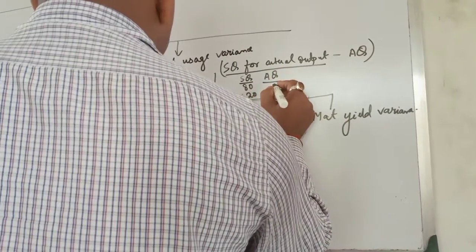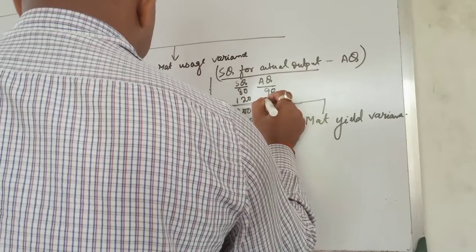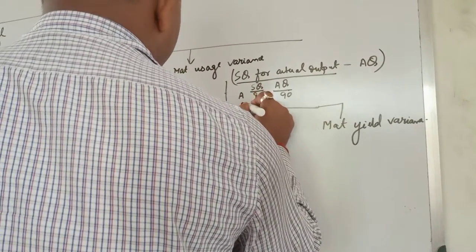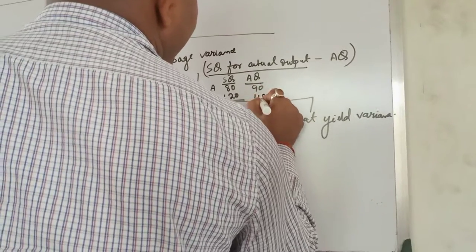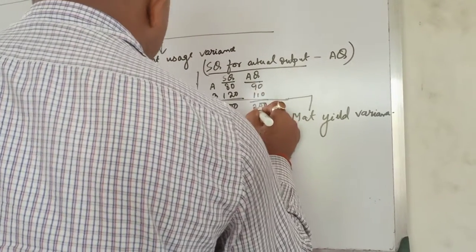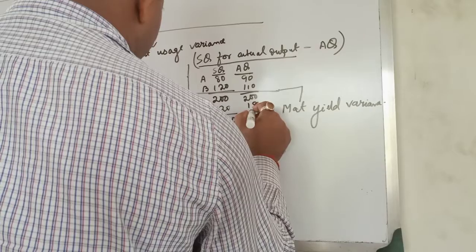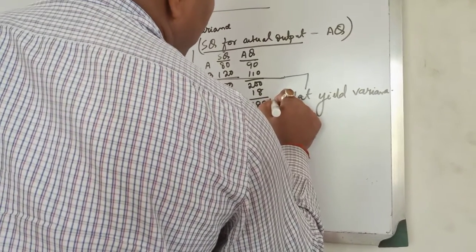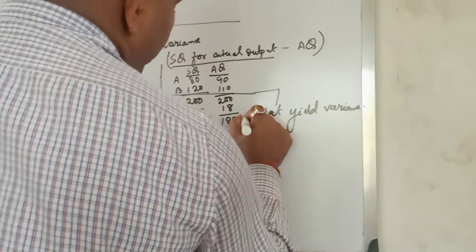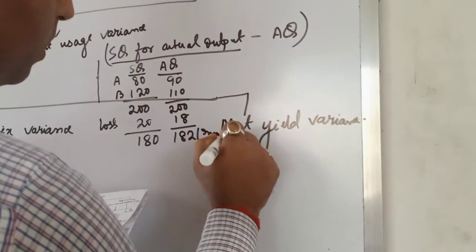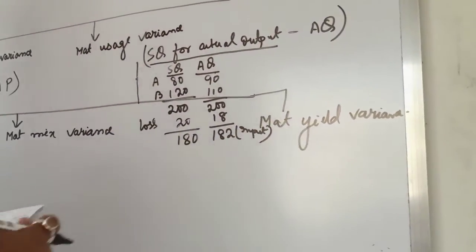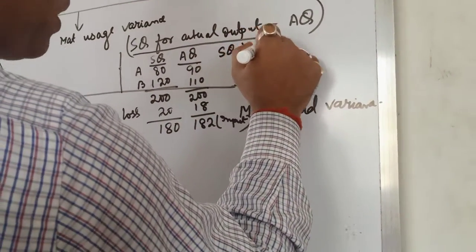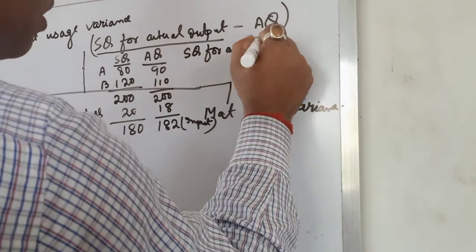Now the actual quantity is 90 for material A and 110 for material B, total 200, and if the actual loss is 18, then 182 is the input used.